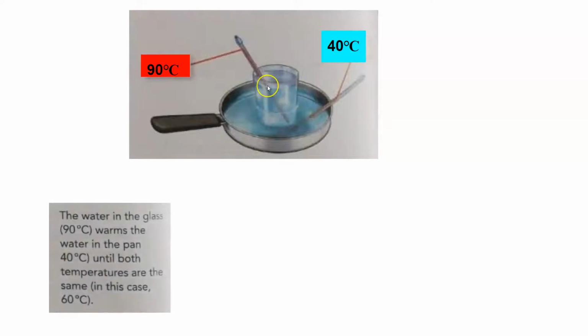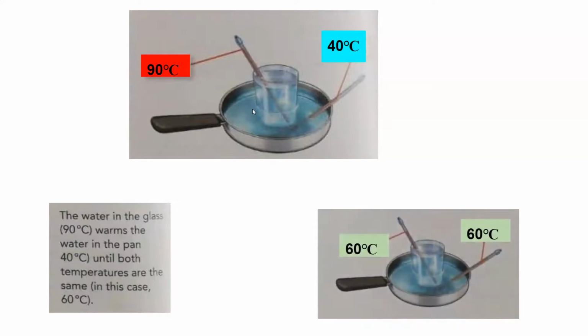So the water in the glass that's 90 degrees is going to warm the water in the pan, right? So the hotter object is transferring heat to the cooler object. And it's going to do this until they're both the same temperature. Let's see here. So it does it until they're both 60 degrees Celsius.